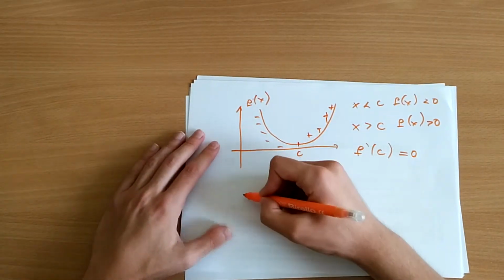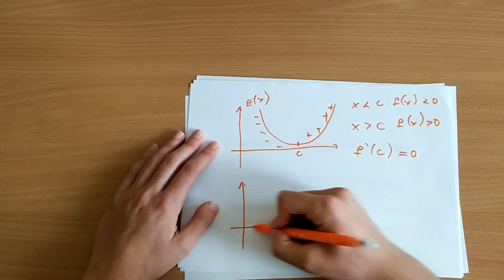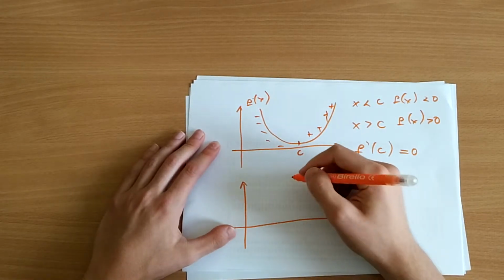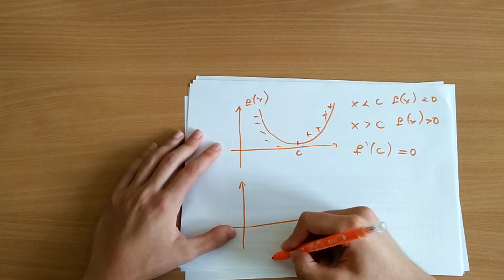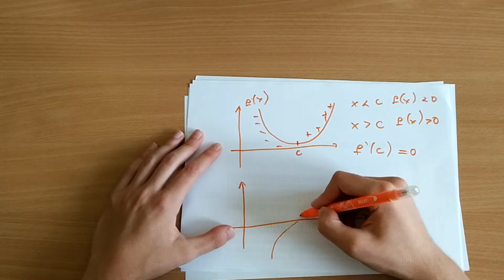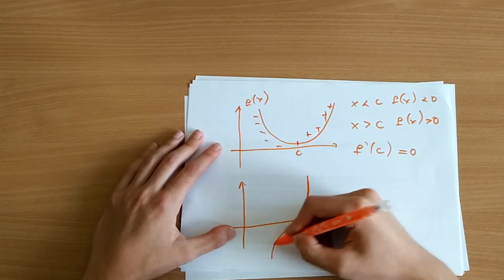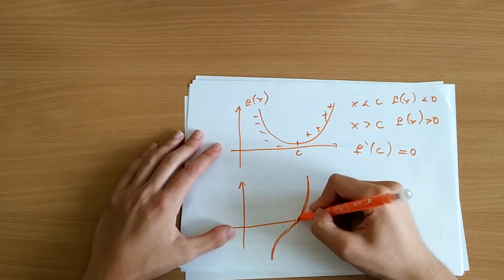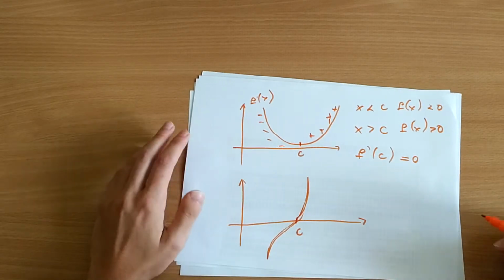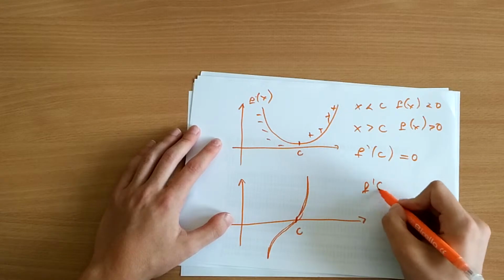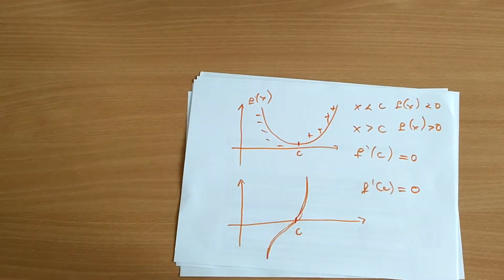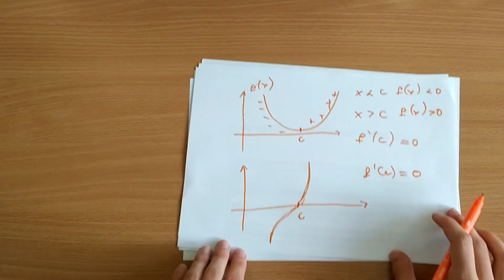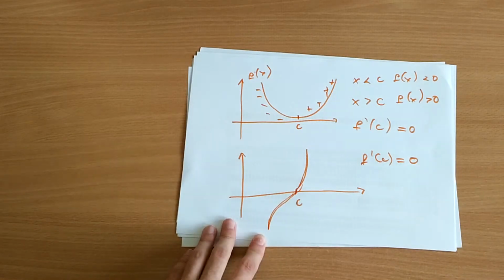The same notion can be applied if we have a function that goes something like this. Here, this is the critical point, since the derivative f prime of c is equal to 0. But it is not a local maximum or minimum point. Why? We can see that the derivative does not change sign.